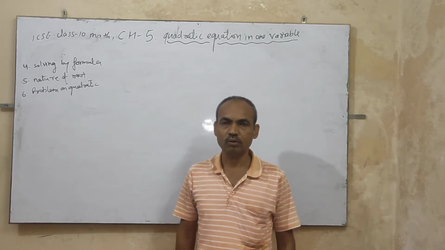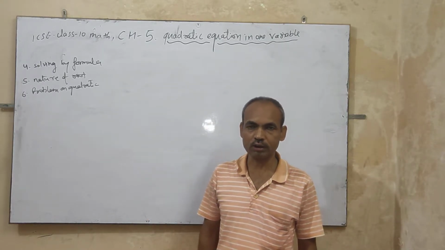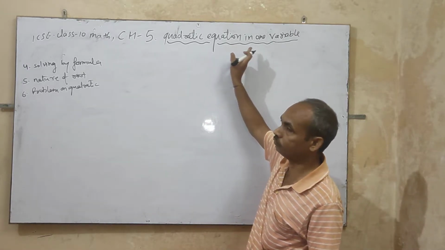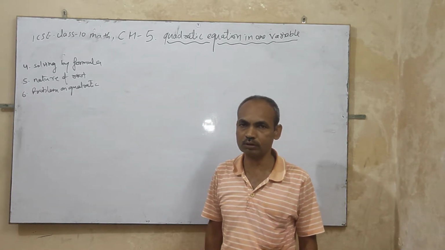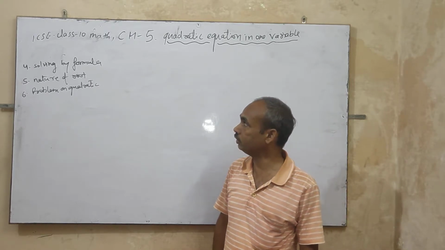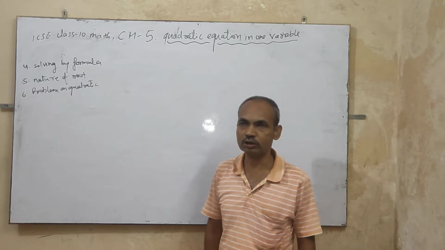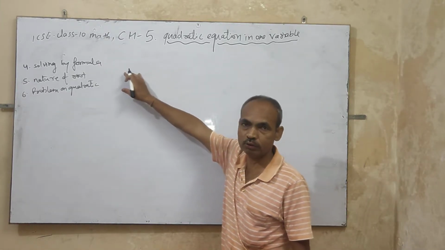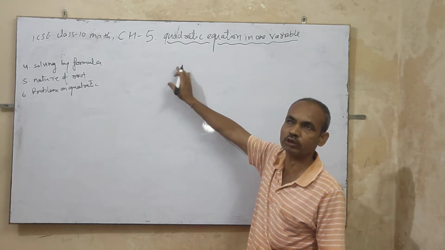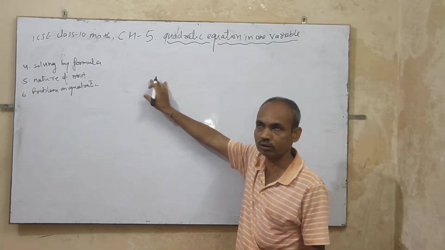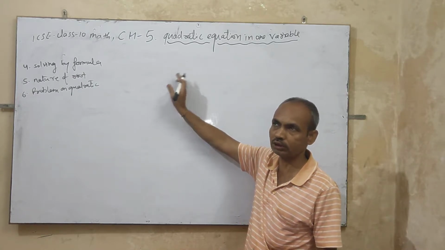In this video, we will discuss the quadratic equation in one variable, three topics. You have read the first three topics in our first video: what is a quadratic equation, the solution or root of the quadratic equation, and how we can solve the quadratic equation by factorization.